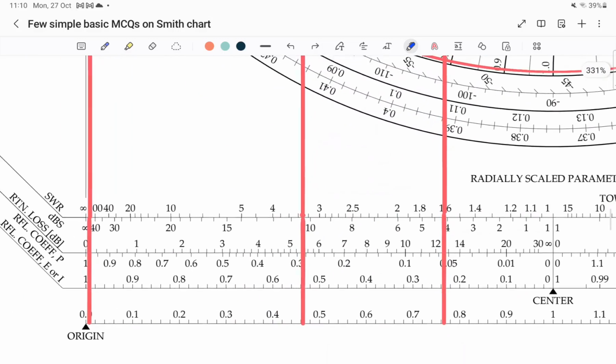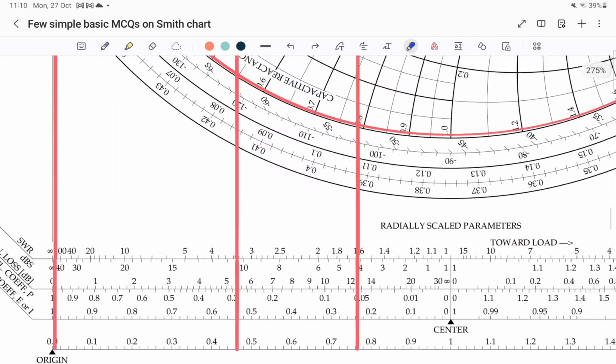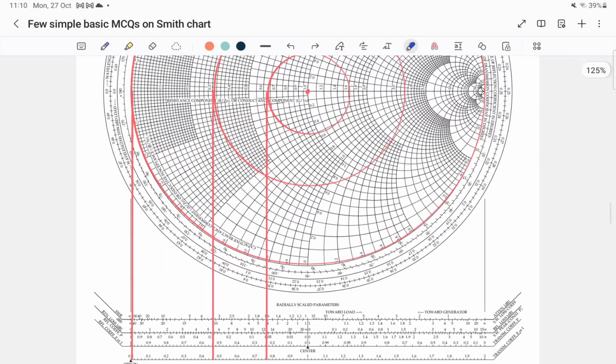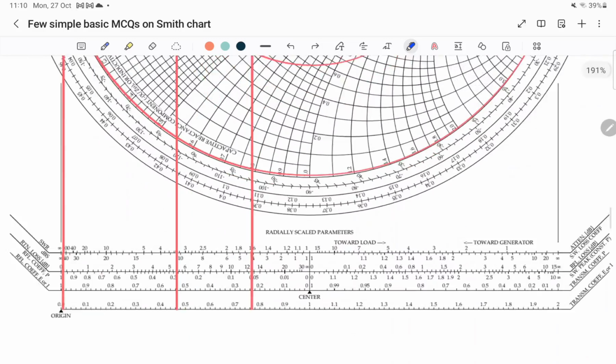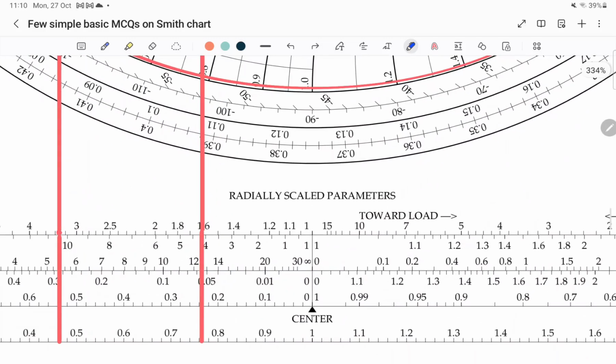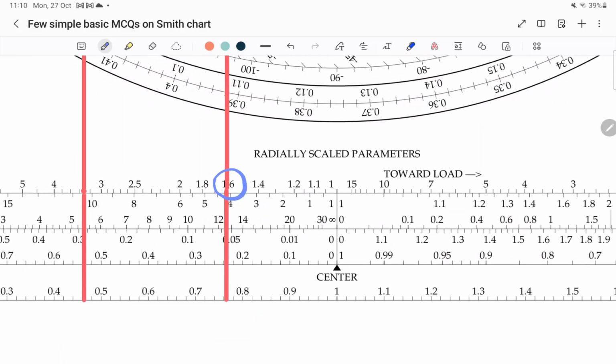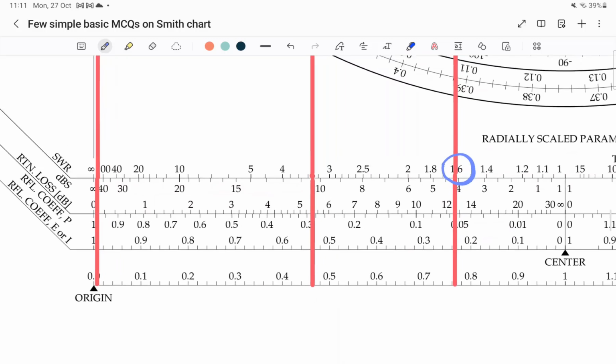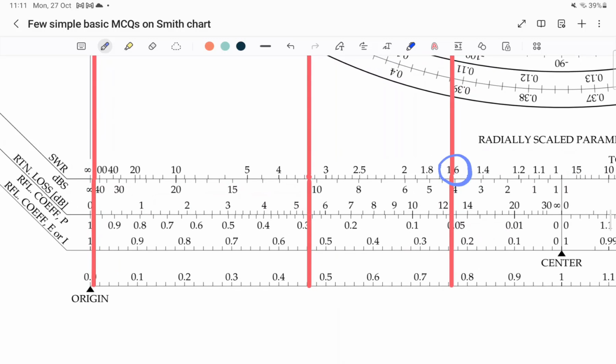and you drop a line from this radius, you can map it to the values of the standing wave ratio. For example, this constant VSWR circle maps to a value of 1.6, and also to a reflection coefficient somewhat close to 0.24 maybe.